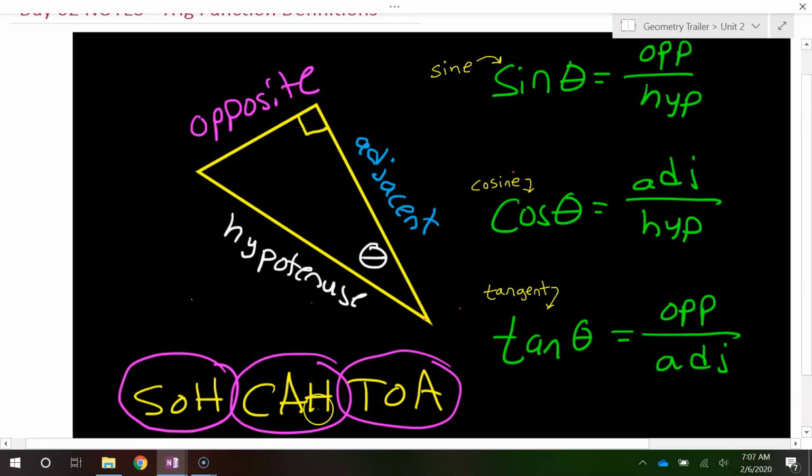Sometimes we abbreviate those definitions using the word SOHCAHTOA, and you can see if you break it down, the SO part is standing for the definition of sine. Sine is opposite over hypotenuse. The CA part, cosine, is adjacent over hypotenuse, and TOA, tangent, is opposite over adjacent. So if you can remember the acronym SOHCAHTOA, it will help you remember the three definitions.